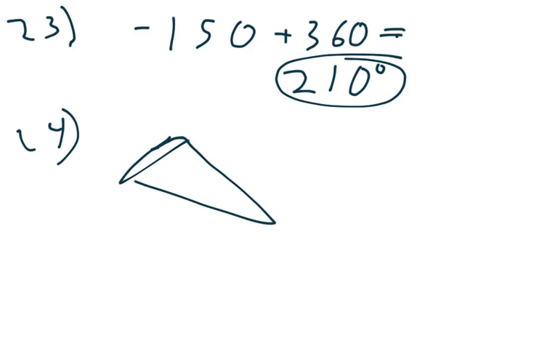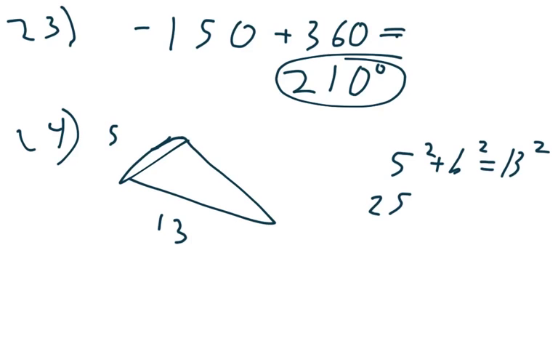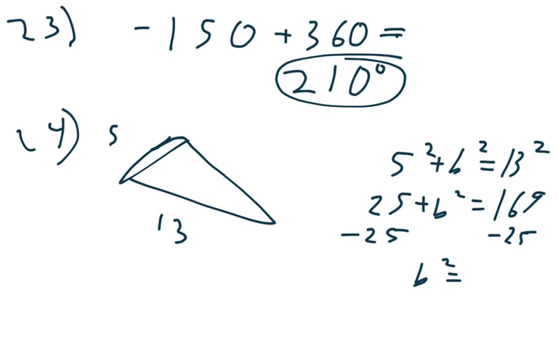we have this triangle. It has 5 over here and 13 over here. So I'm going to do my Pythagorean theorem. And we get 25 plus b squared equals 169. Minus 25. B squared equals 144. So the missing side is 12.